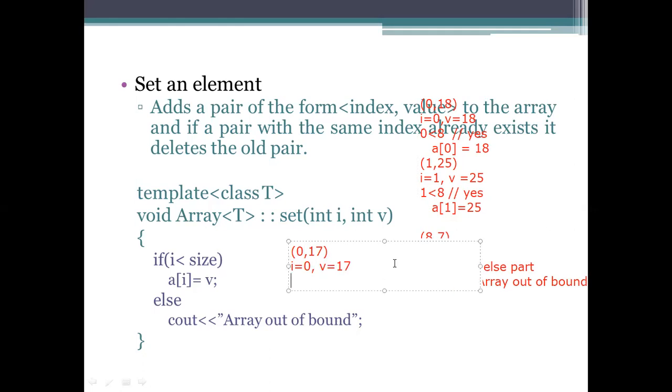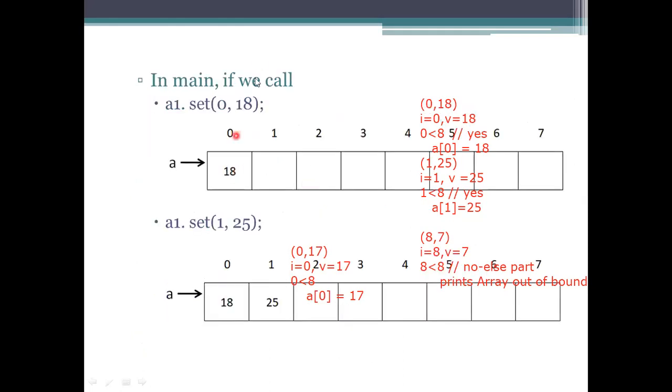We are checking whether it is less than size or not. That's all; we won't consider anything else here. So A of 0 is equal to 17. Now, after processing, the value we had been using will be replaced by the value 17.